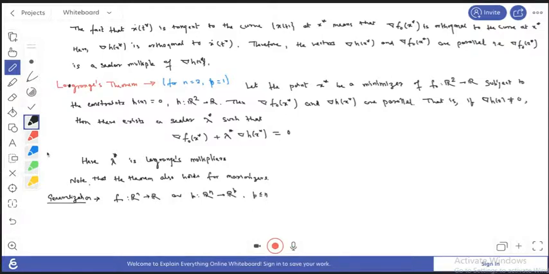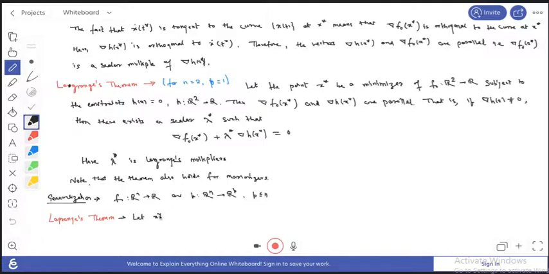So the Lagrange theorem in that sense becomes like this.